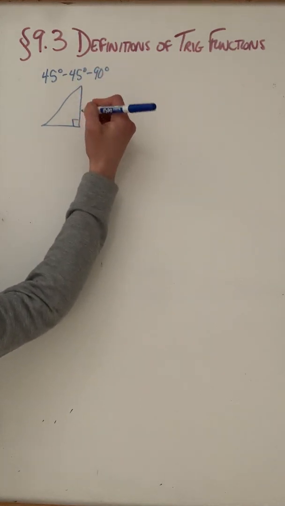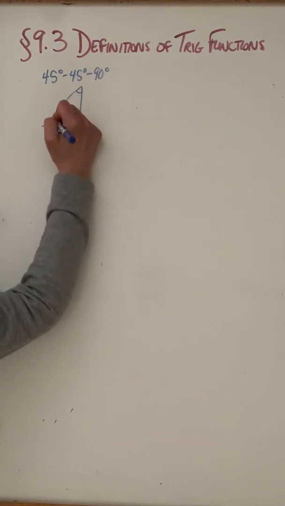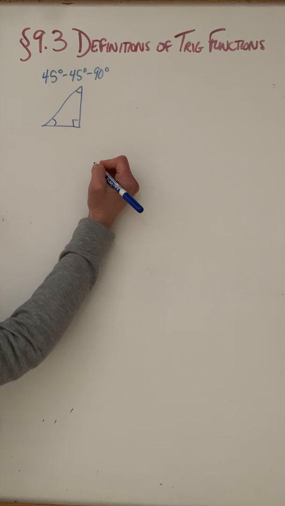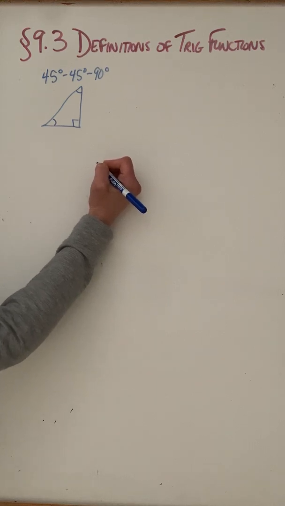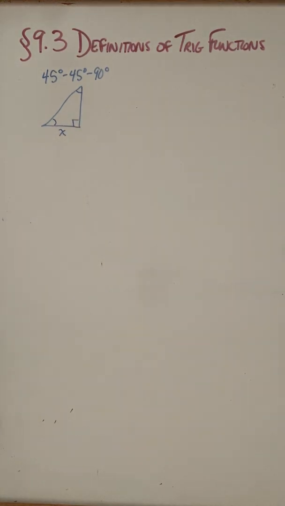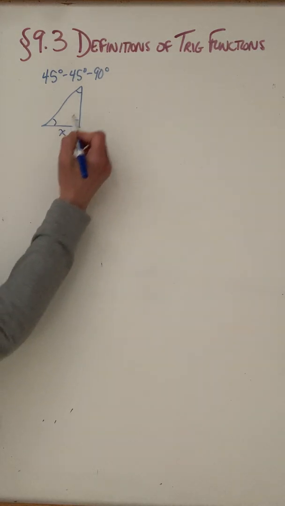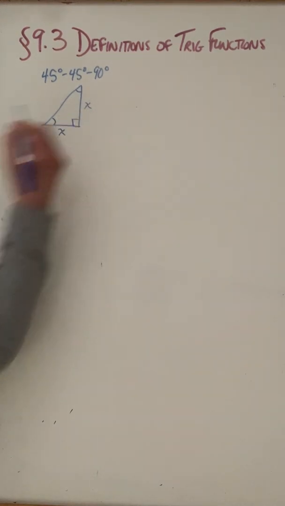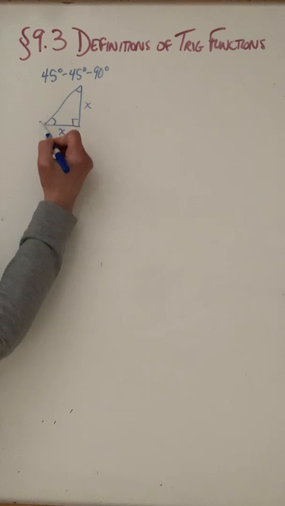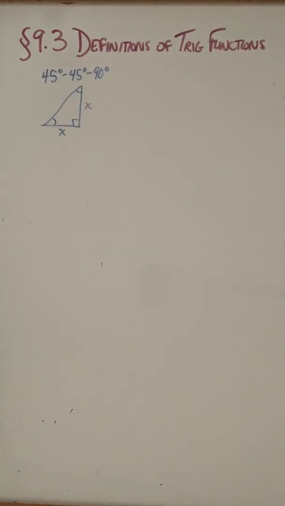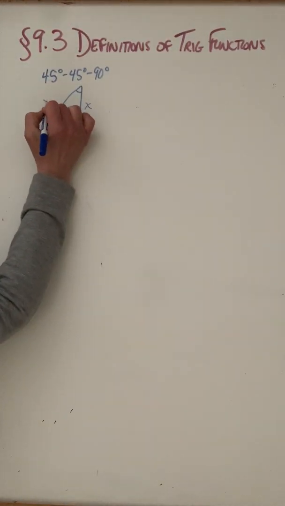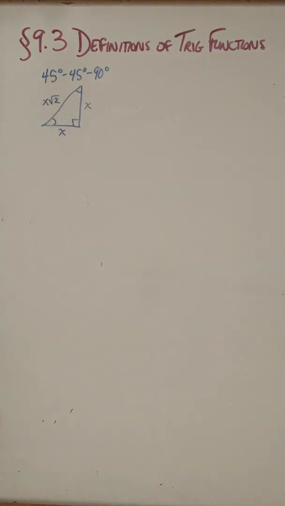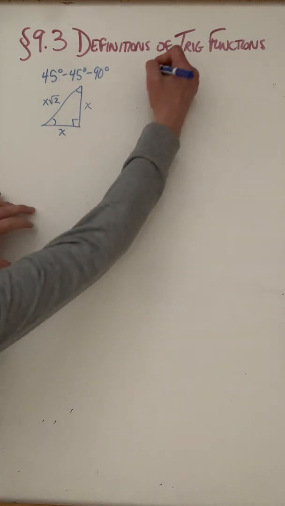But let's say these are 2 45-degree angles, and let's say the leg of the triangle is x. Then this leg of the triangle must also be x. And then what's the length of the hypotenuse? Hopefully you remember the relationships between the sides of a 45, 45, 90. That hypotenuse is just x root 2.